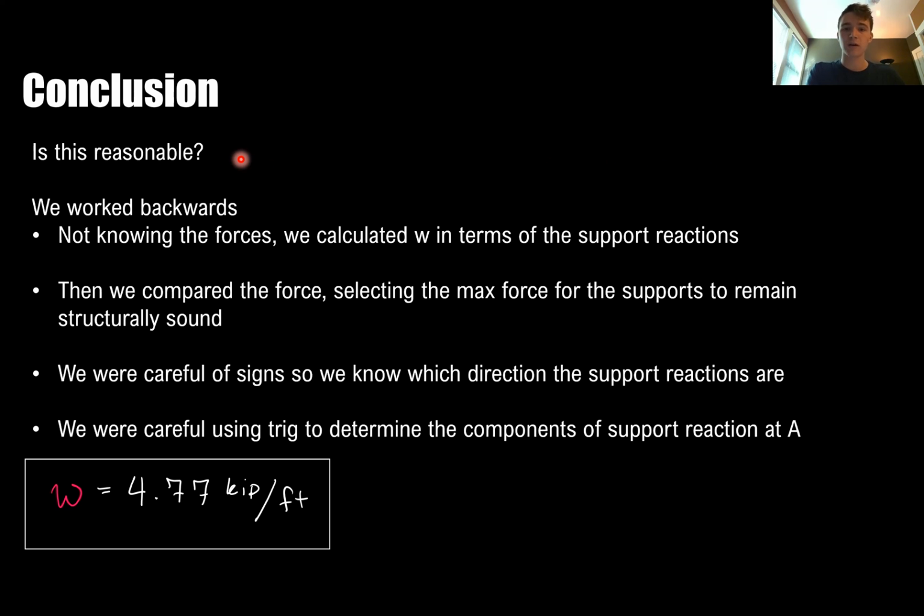And then we chose the force that was most reasonable. And we were careful about signs, knowing which directions the support reactions were in comparison to the drawing. And we were careful using trig, determining the components of our support reactions at A.